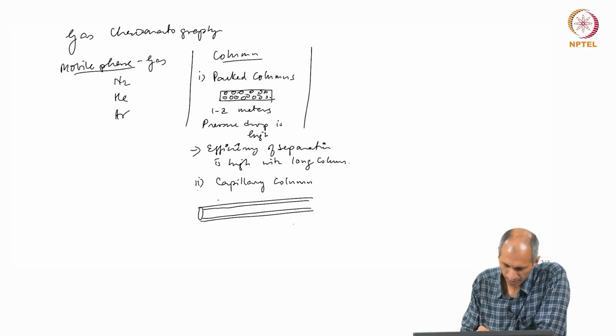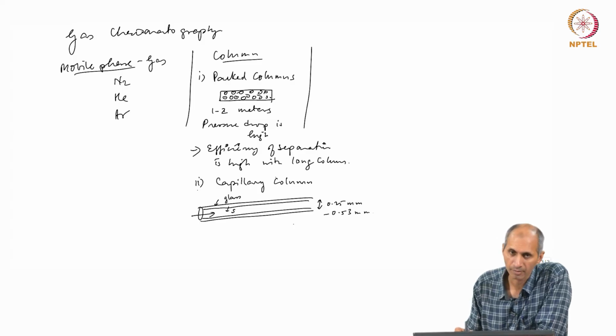The outer core is glass silica, and there is a coating of the stationary material. The stationary phase is coated in here. So, it is a small column. Its dimensions, ID, are anywhere from 0.25 mm to 0.53 mm.